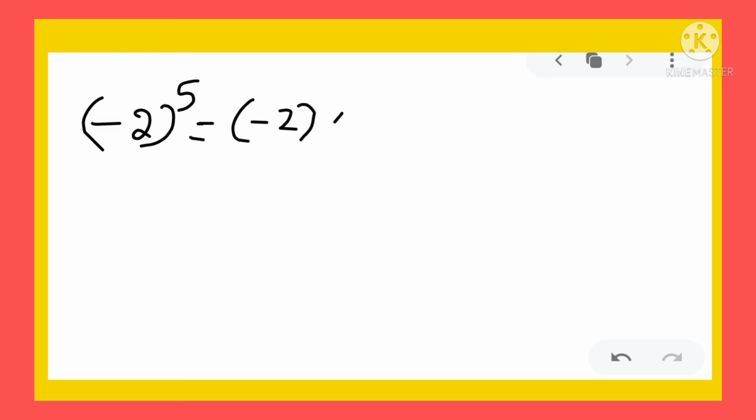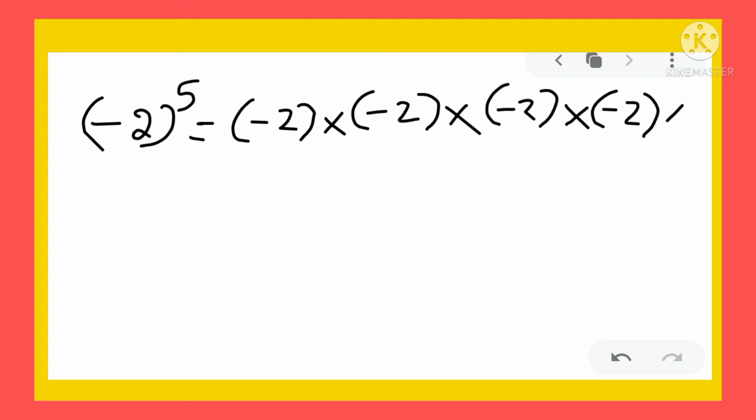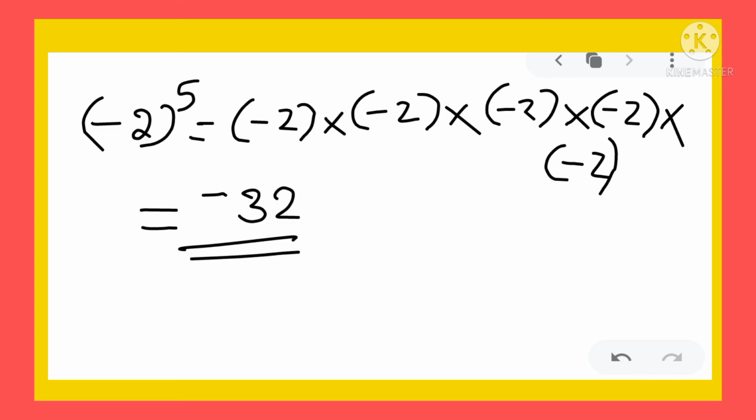So negative 2 into negative 2 into negative 2 into negative 2 into negative 2. How many times are we multiplying? 5 times. So 2 2s are 4, 4 2s are 8, 8 2s are 16, 16 2s are 32. So it is negative 32. From this we can find that if the power of a negative number is odd, the answer is negative.